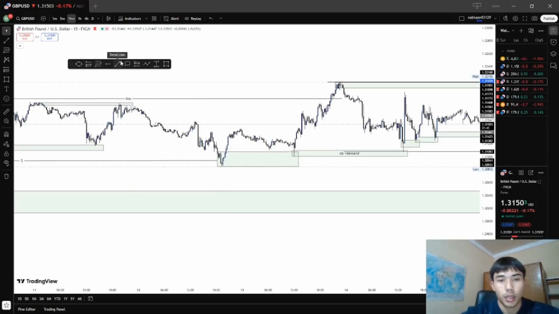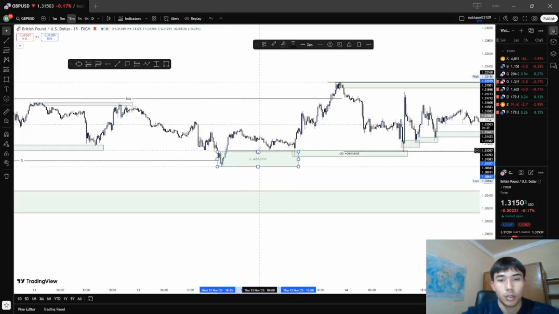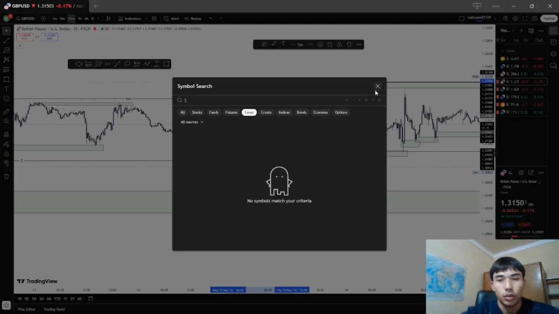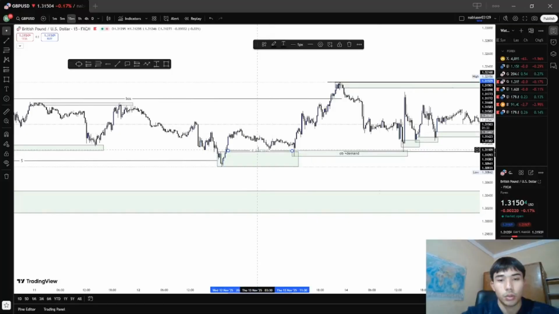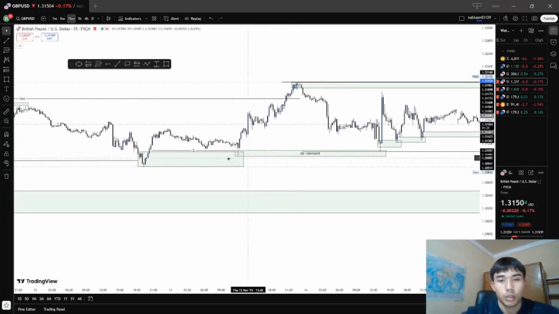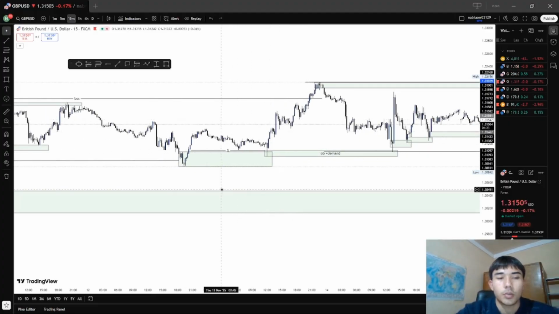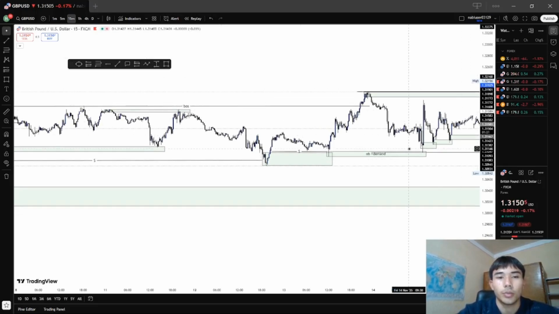Plus, again, taking all the liquidity, like pending orders below these lows, with this long wick candle. And price went straight up.